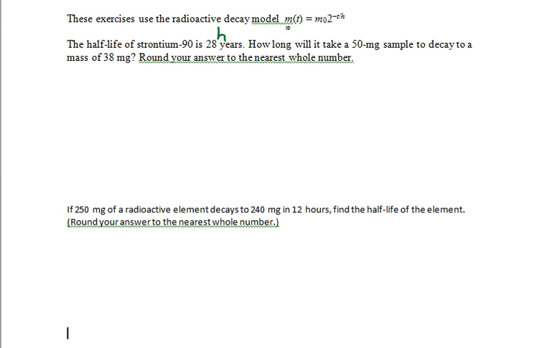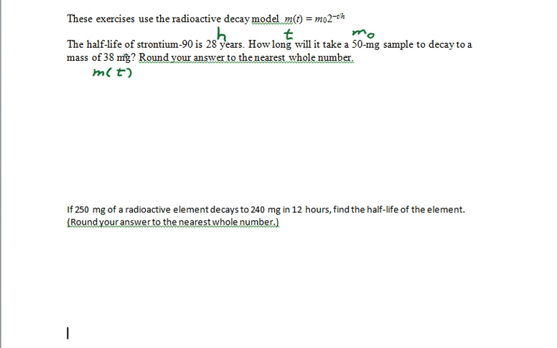So we're going to be working with a variable t. For a sample of 50 milligrams of strontium-90 to decay to a mass of 38 milligrams. So the original mass is m sub 0, and that's our 50 milligrams, and our mass at time t is the final mass, which is 38 milligrams.